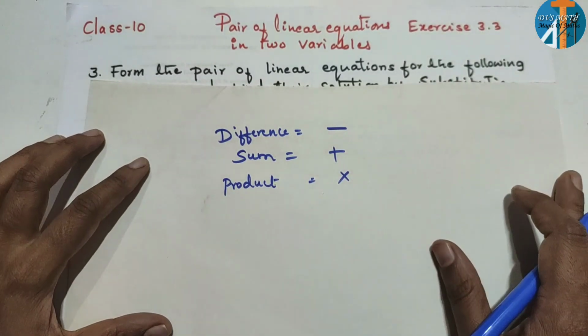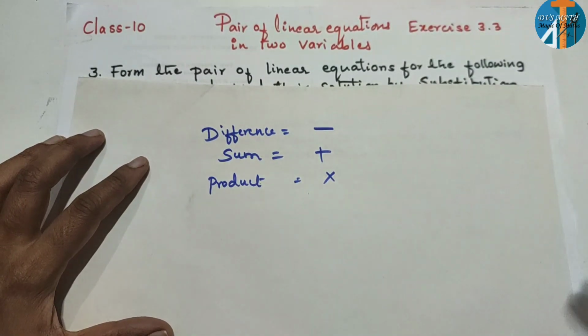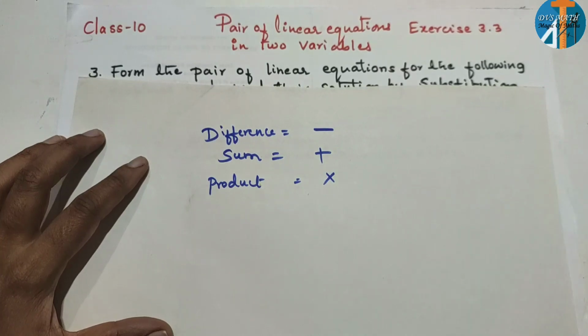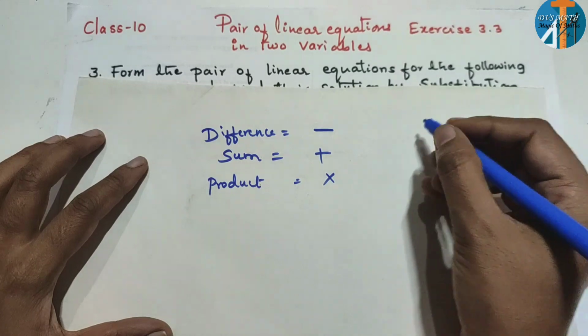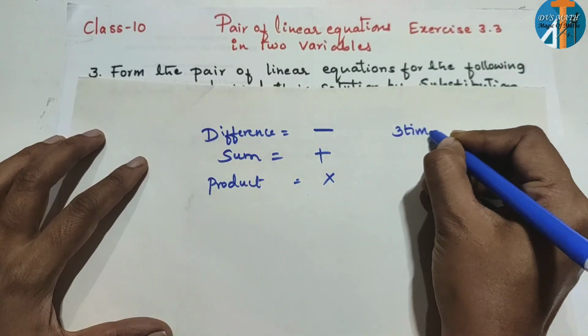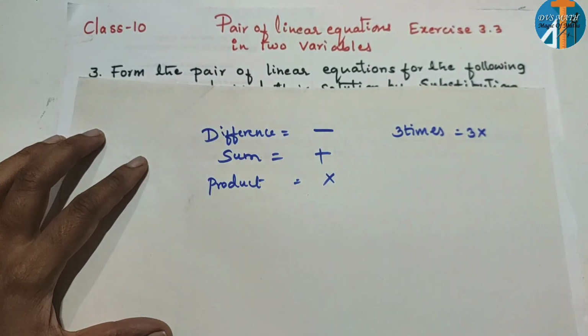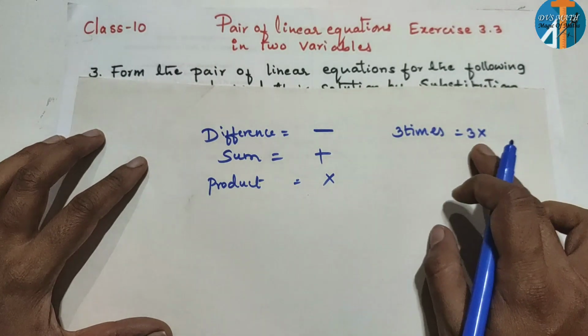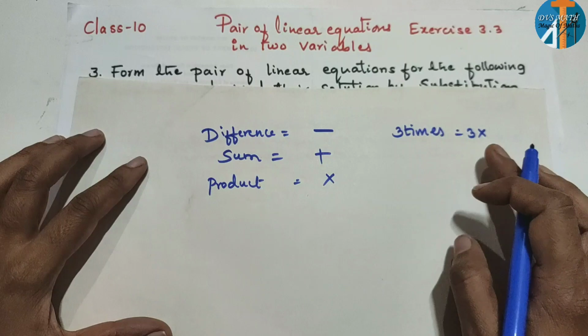Along with this, we have some other keywords like times, like 3 times, 4 times, 6 times, 10 times. Times means multiplication. 3 times is 3 into, or 4 times is 4 into.